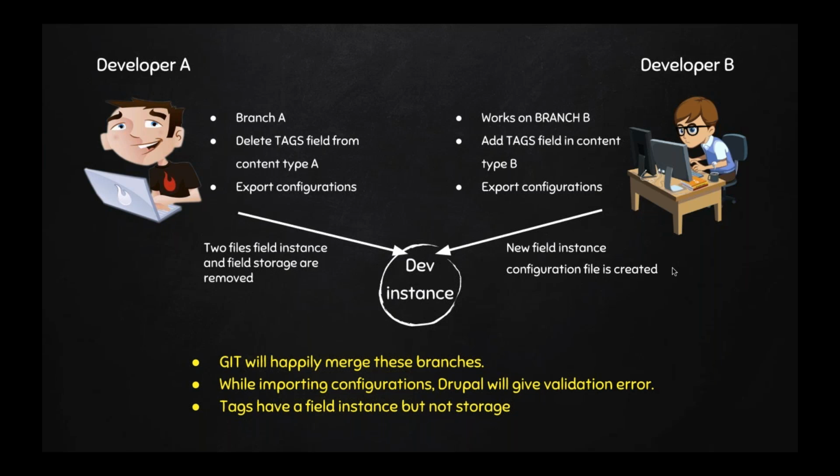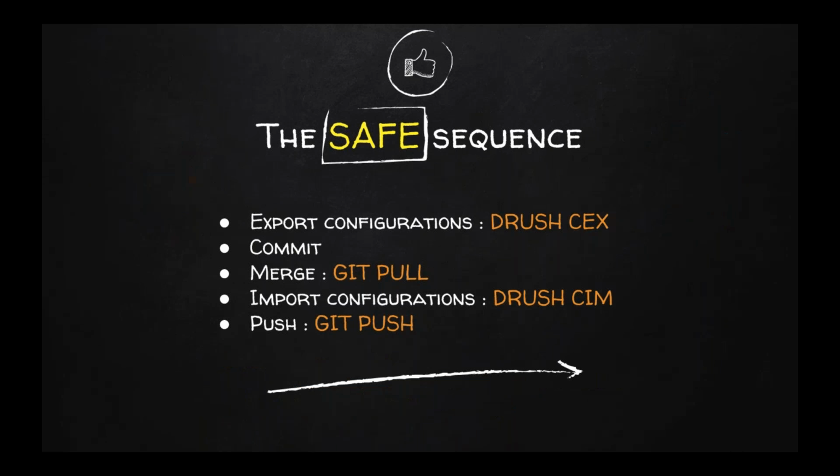So there are certain steps you need to follow whenever you merge configuration. A safe sequence can be: first you export all the configuration from your local, you commit it, then you pull all the configuration from different developers, and then you import it on your local. This step is critical because here you ensure that everything is working correctly.